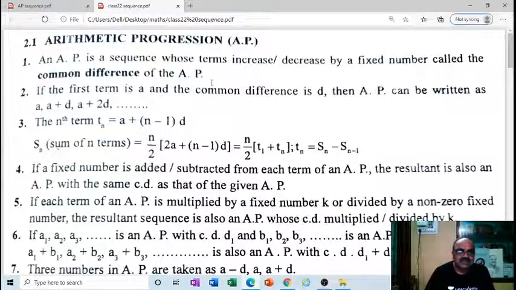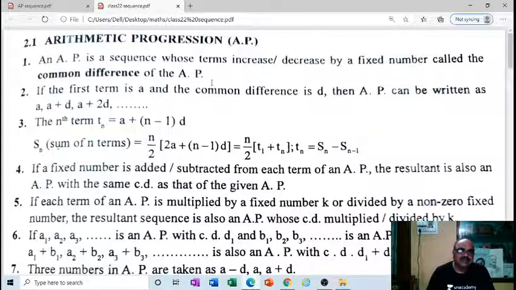You will have increasing values or decreasing values, based on certain properties, and these properties are utilized in expressing the relationship. From each term to the next term, there is a common difference between them. It's a fixed number, and this is called the common difference.